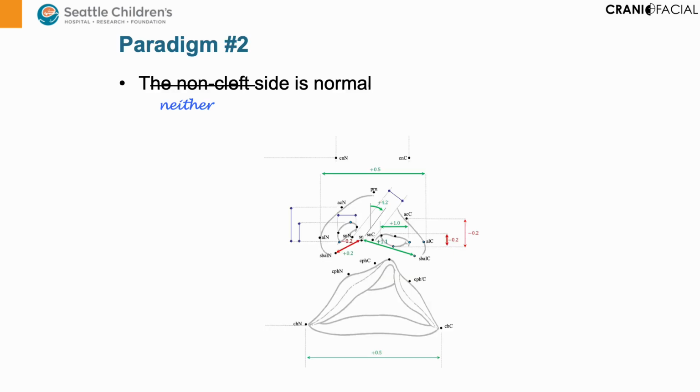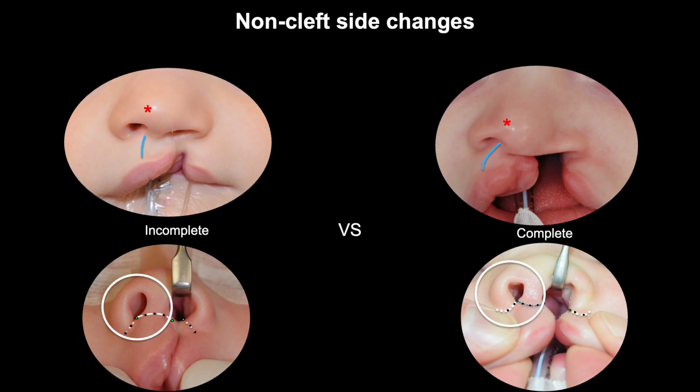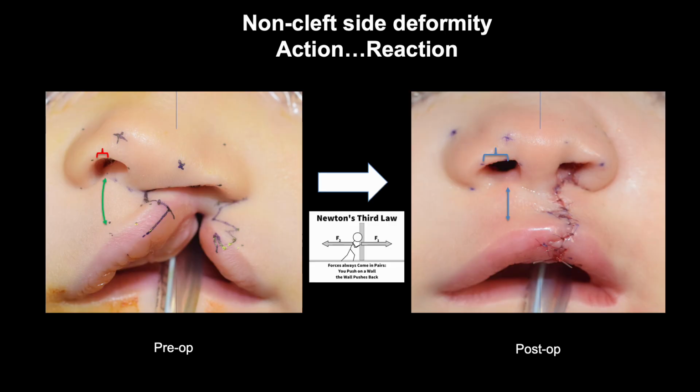Paradigm 2, neither side of the cleft is normal. It's subtle, but if you're looking for it, you can see it. And if you carefully document what's happened during surgery, you can see that that side also changes.